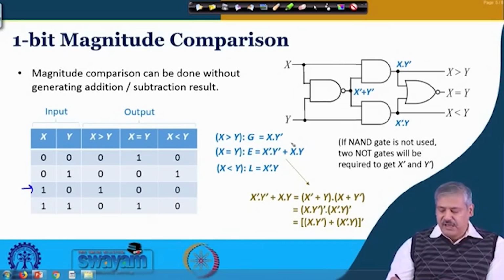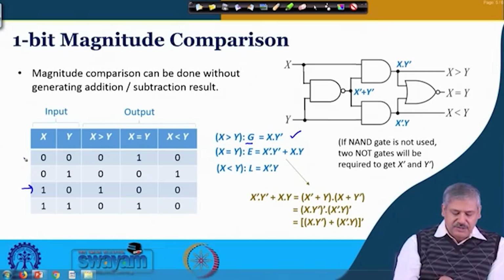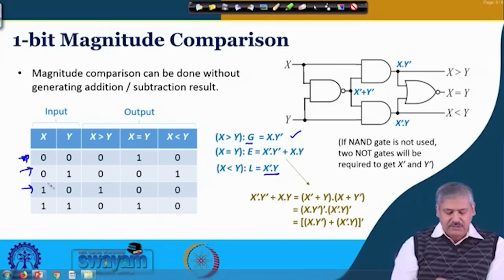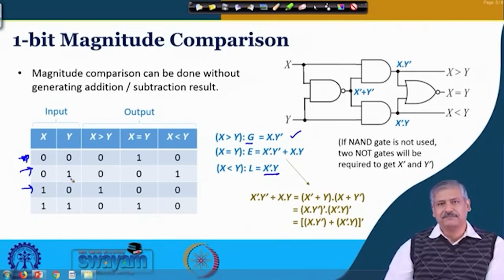By this we can figure out that x greater than y is occurring for this combination. So, we can get it by x y prime. So, we are giving g for x greater than y. Okay. And then x less than y is occurring for this particular case. So, that is x prime y, x is equal to 0 and y is equal to 1, clear.